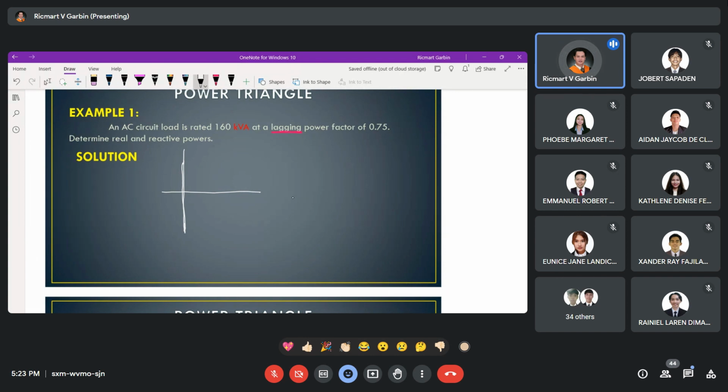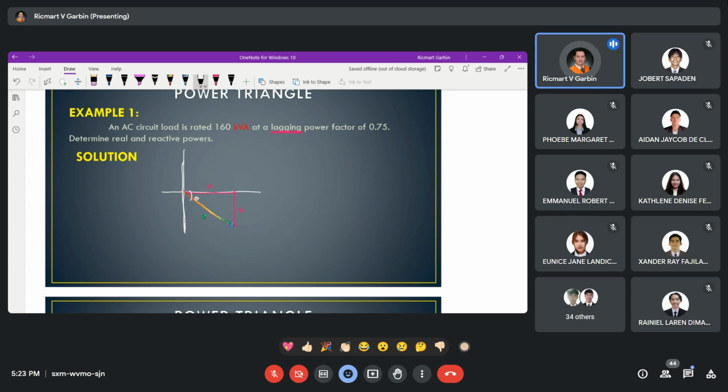So, kung i-drawing natin yung power triangle natin, dito yung real power, ito yung P. Tapos, ito yung Q, pababa. Tapos, ito yung aking S. Ngayon, ang sabi daw ay lagging power factor.